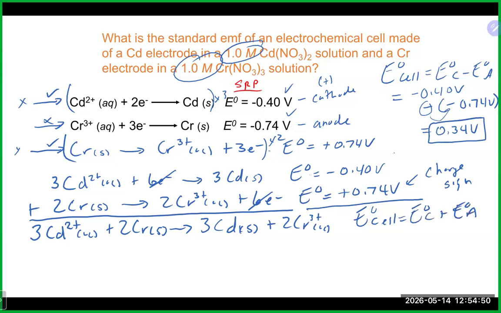That would be negative 0.4 volts plus 0.74 volts, which gives 0.34 volts. That is what I was talking about by either change the sign or don't change the sign. If you do not want to change the sign and it was just asking for the cell voltage, you could go to the table and pop it in with the minus, and it will change the sign for you. If you want to change the sign like we did here on the bottom, then you need to make sure you add them. Again, don't do both.